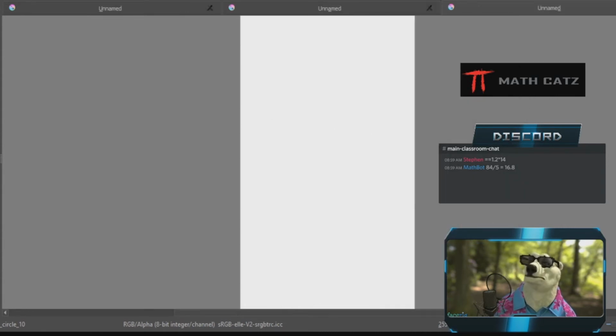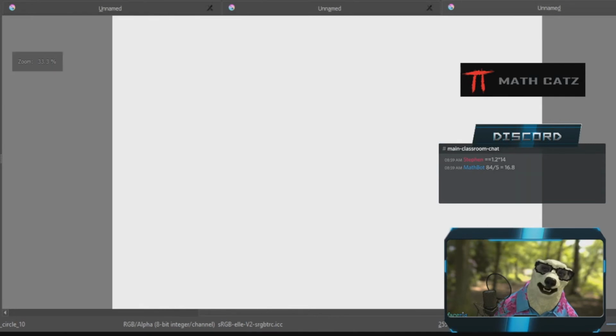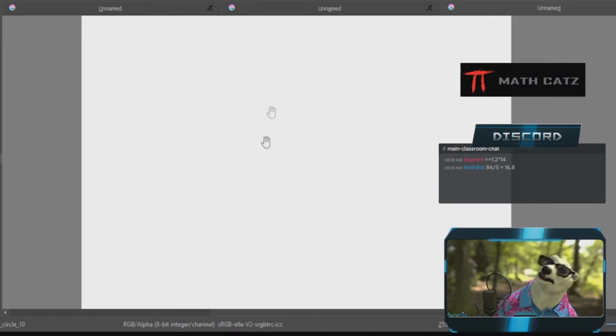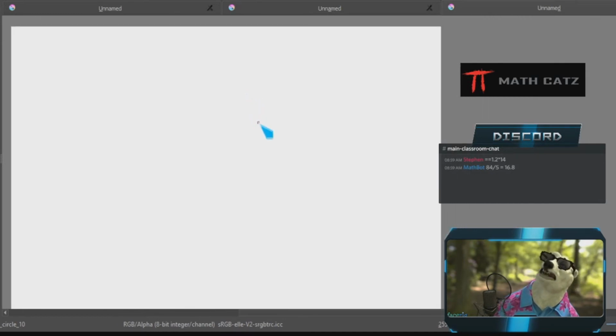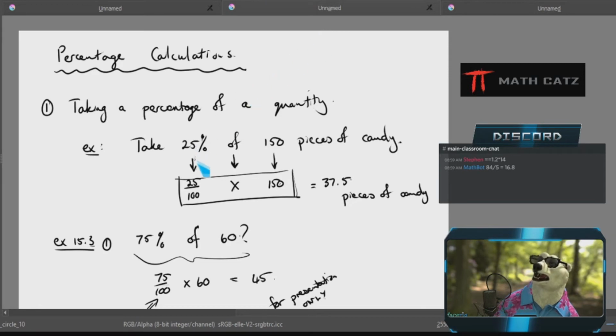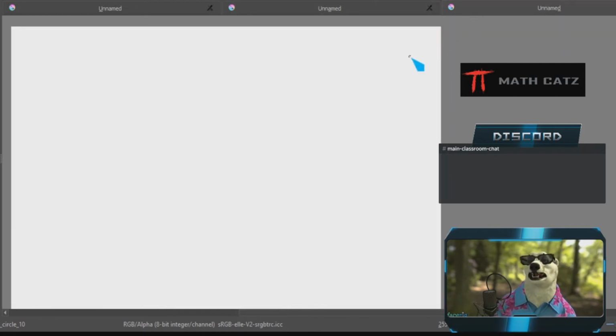But do notice that if it's a percentage larger than 100, I'm going to get more than the original quantity. So I have this baseline. If it's below 100, then I get less. If it's above 100%, then I'm going to get more than the quantity. It's important to realize that.